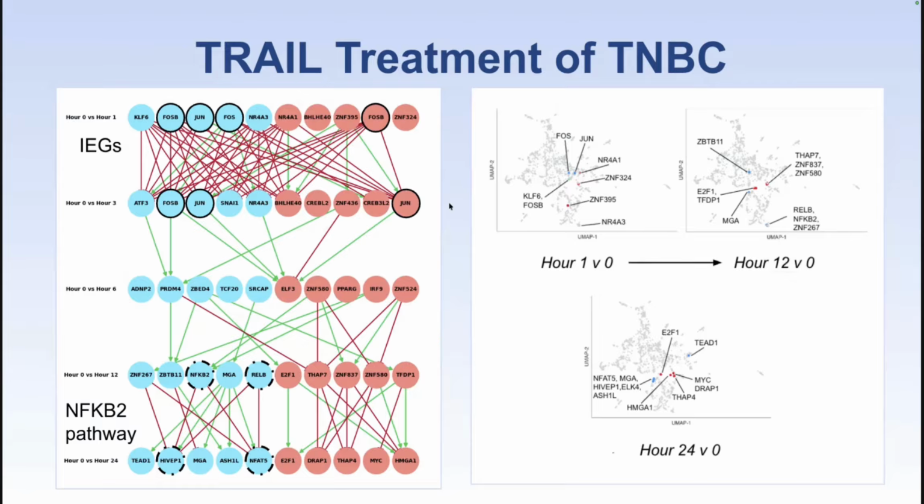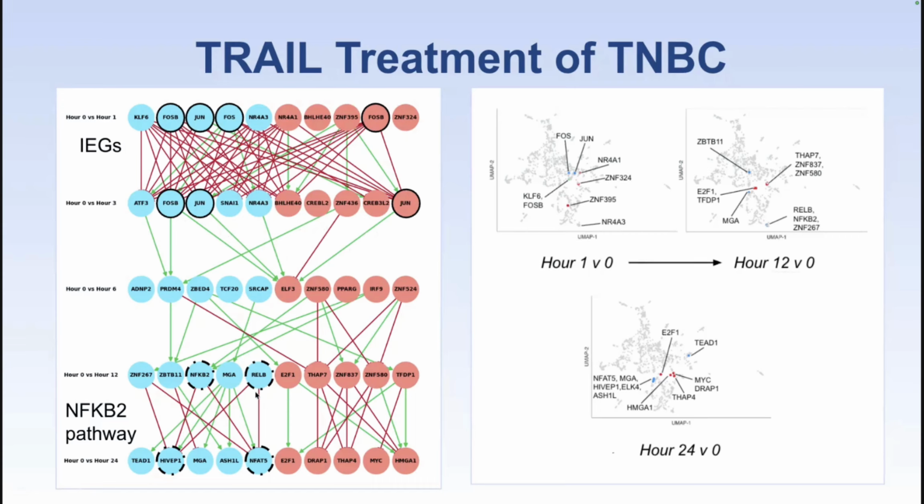So the transcription factors in hour 1 versus hour 0 and hour 3 versus hour 0 are enriched in well-known immediate early genes such as FOS and Jun. And then at later points, we confirm the involvement of NF-kappa B2 and REL-B. And so there is an interesting observation here.